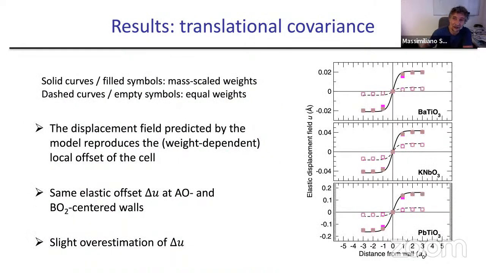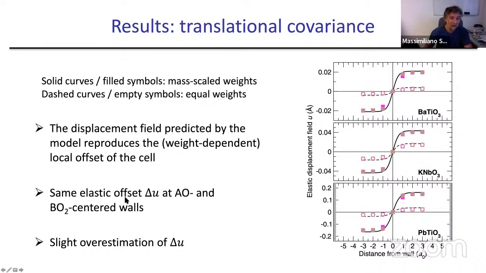We can test the translational covariance by looking at the local center of mass of the cell, which is weighted in 2 different ways. And you can see that the displacement field predicted by the model reproduces quite accurately what we get from the atomic positions if we weigh them in a way consistent with what we do in the construction of the model parameters.